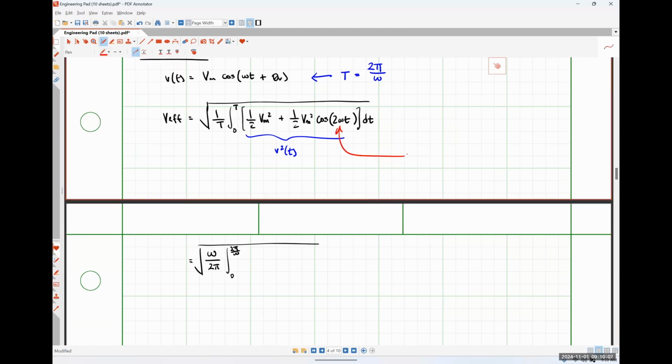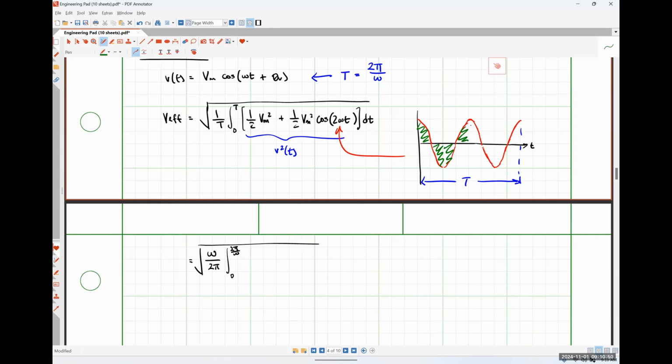Just to be real clear, let me draw a little picture here. If this distance is capital T, this amount of area is canceled by this amount of area.